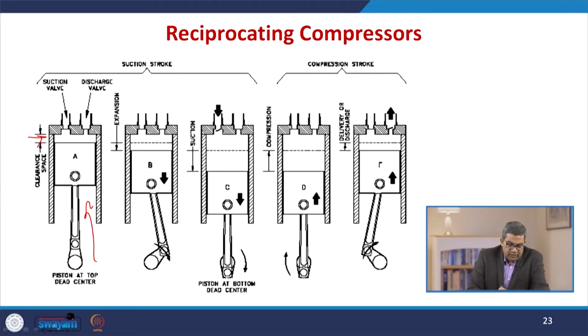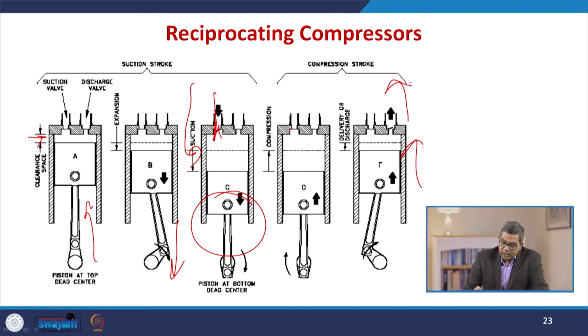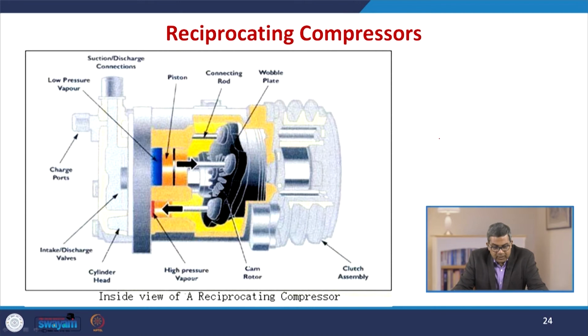During the expansion, this piston goes down to the bottom dead center, and the suction starts from here. During the compression both valves are initially closed, and later this valve opens for the upward movement of the cylinder piston assembly.